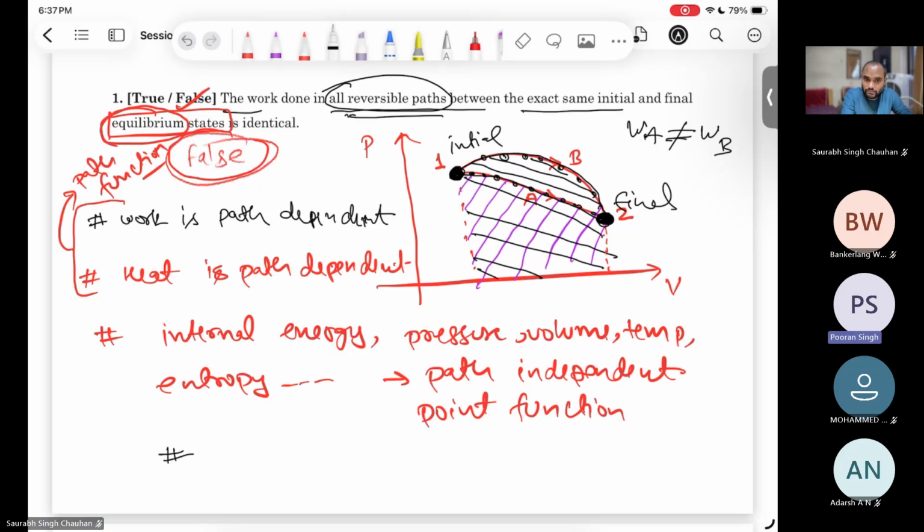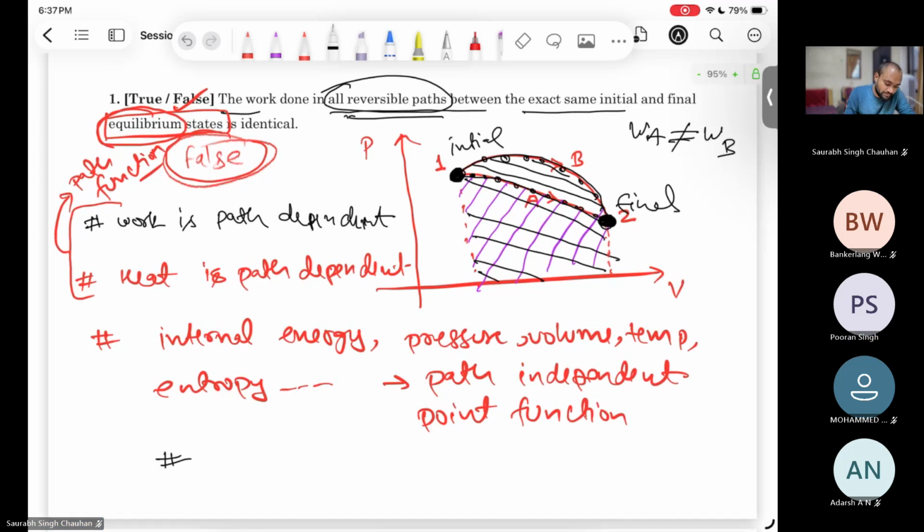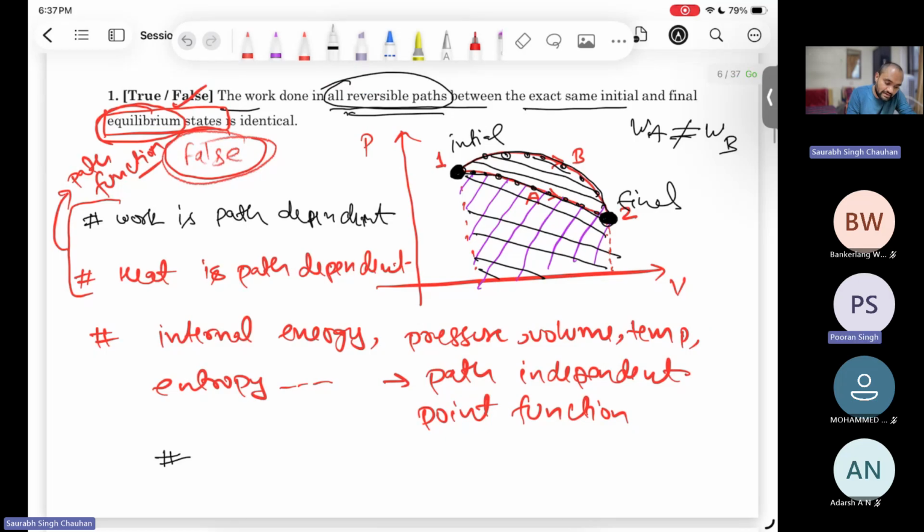So if it is asked what the work done is along all paths, you forget this term irreversible. The work done along all the paths between the exact same initial and final states can be different.